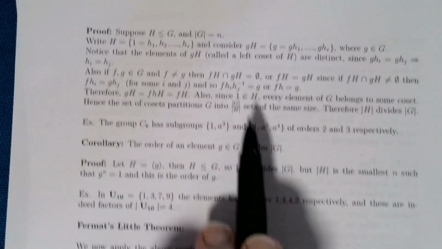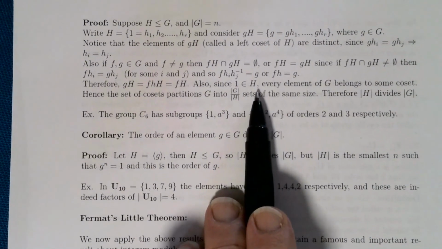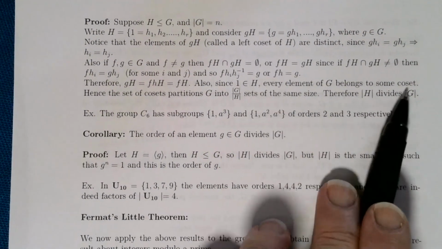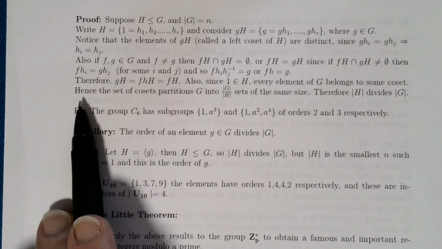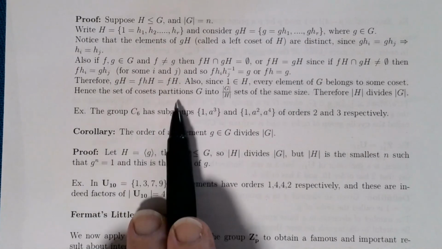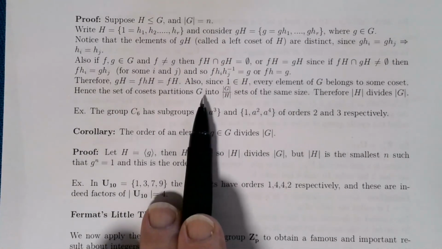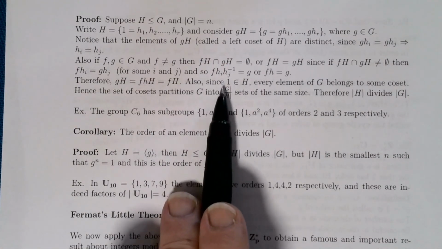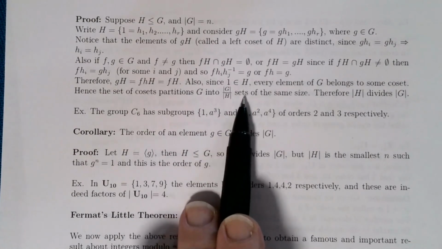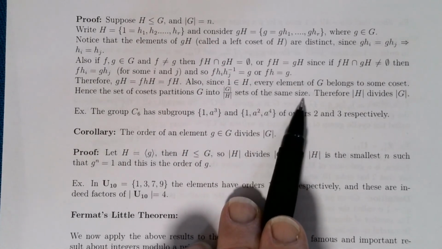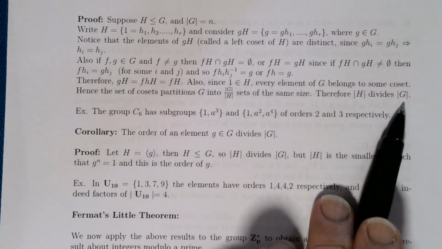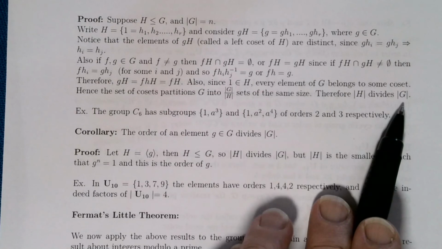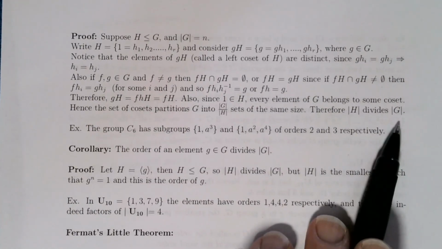Now, since 1 belongs to my subgroup, every element of G has to belong to some coset, and hence the set of cosets partitions G into |G| over |H| sets of equal size, and that means the size of H is a factor of the size of G. That's a slightly more difficult proof, but that's a little proof of Lagrange's theorem.